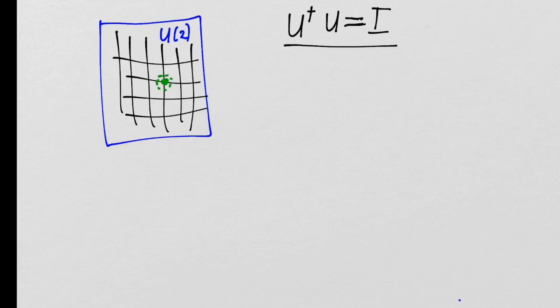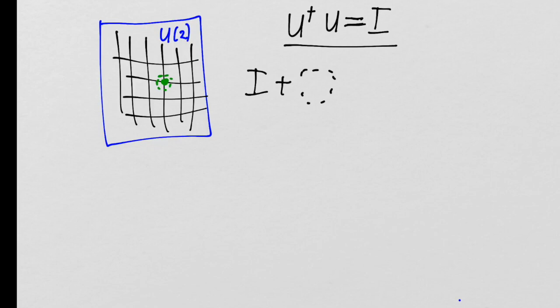Right around the identity, those are going to be matrices that we should be able to write down as I plus something that's a very small matrix, right? So we got to figure out what that is, but we know that it comes from the Lie algebra.